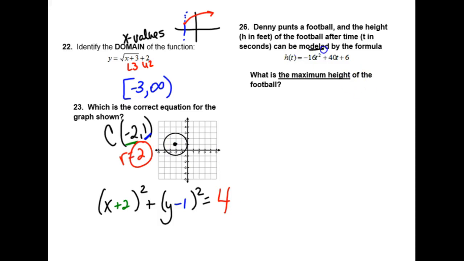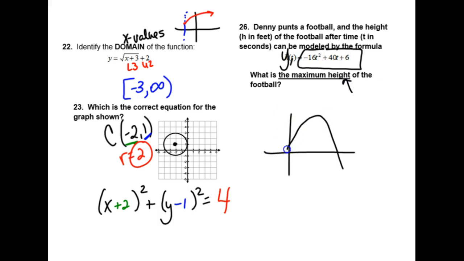Alright, this question again is on your calculator. So you're going to be typing this into y1, and this time they want the maximum height. So after you get it typed into your calculator and you adjust your window a little bit, you end up with a need to find this ordered pair right here.